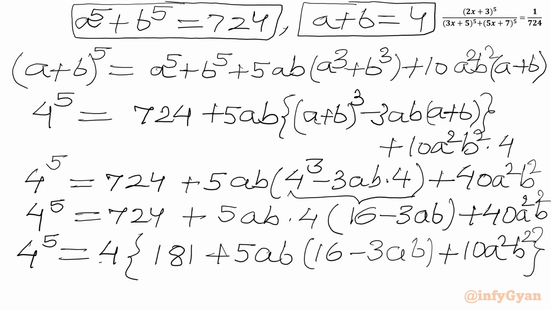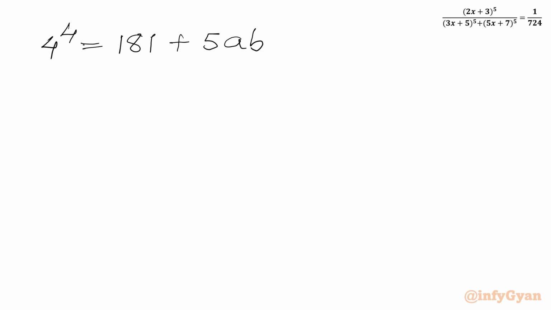Now I can cancel this 4 and power will be 4 now. So left hand side will be 4 power 4. So I will write our equation here. 4 power 4 is equal to 181 plus 5AB in the bracket 16 minus 3AB plus 10 times A square B square.